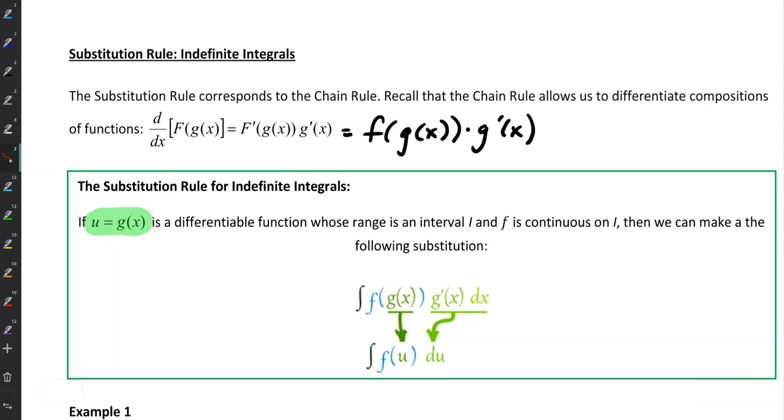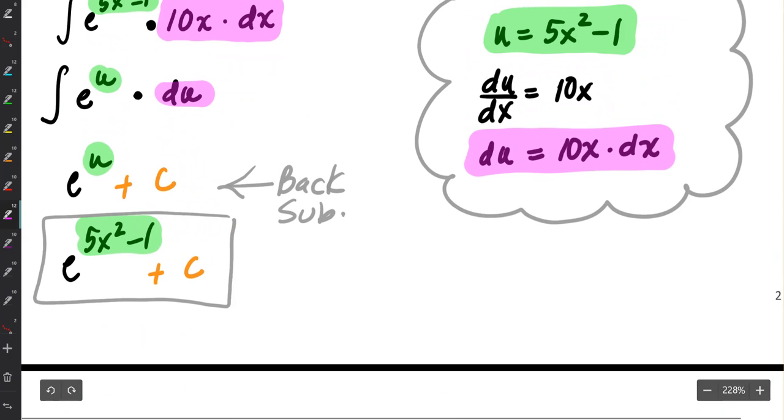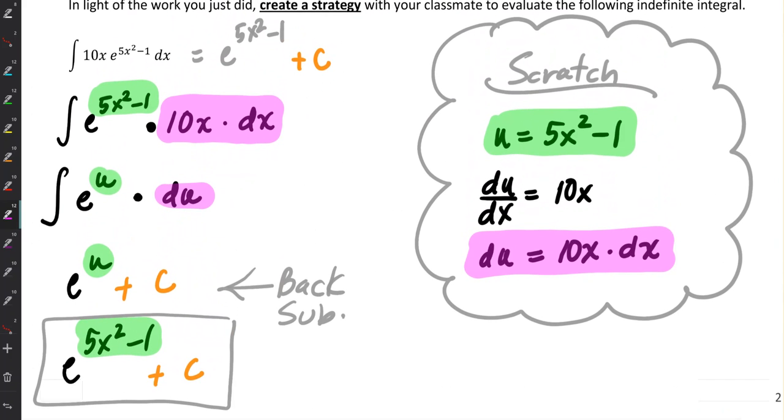If I'm integrating f of g of x times g prime of x dx, I can make the substitution where u is g of x, du is g prime of x dx, much in the same way that we did in our previous example when we were exploring how to do chain rule backwards.